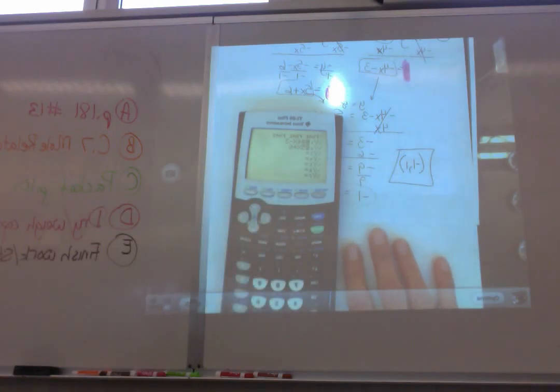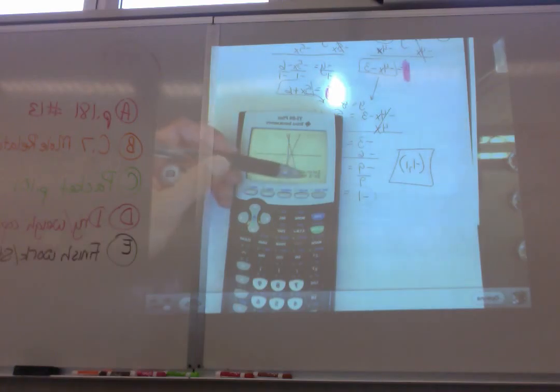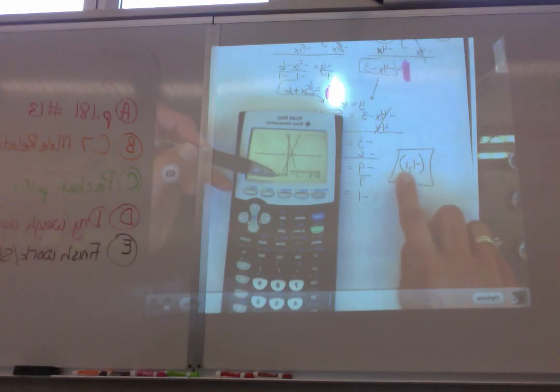Oh, did I not do that yet? Okay. Second calc, intersect, first curve, enter, second curve, enter, guess. Aha, there we go. Did it match what we found out? So I see x is negative 1, that's what we found out for x, and y equals 1, that's where those two lines crisscross, okay?